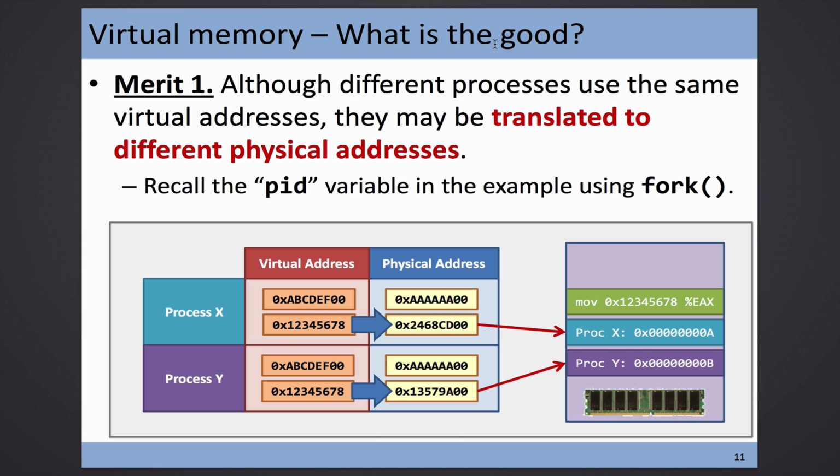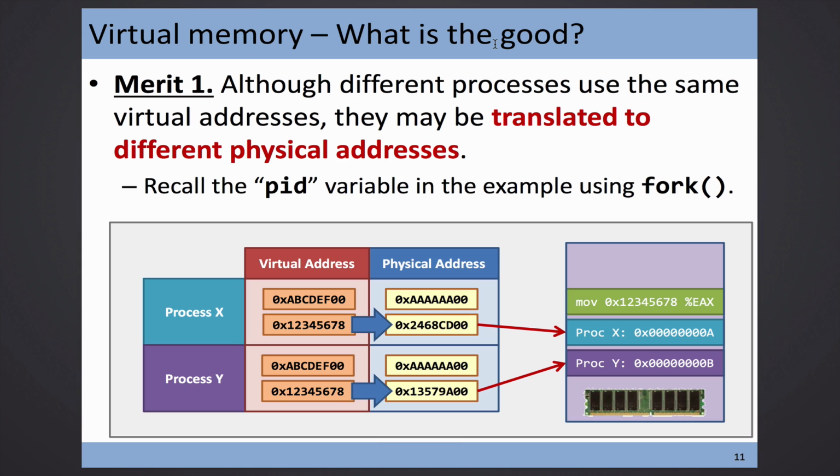The MMU is a powerful tool. The MMU knows who you are, whether you're process X or process Y. I know you are process Y, so I give you another mapping. Maybe sometimes I will map to the same address, sometimes I map to a different address. This is the basics of the MMU.